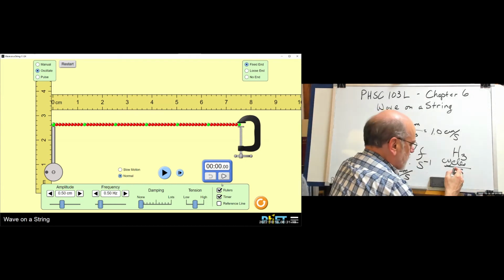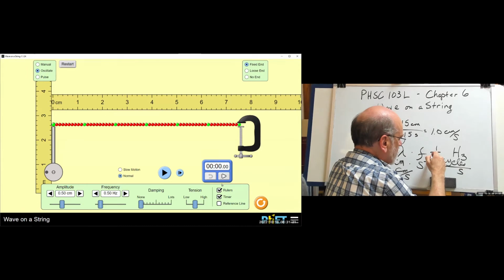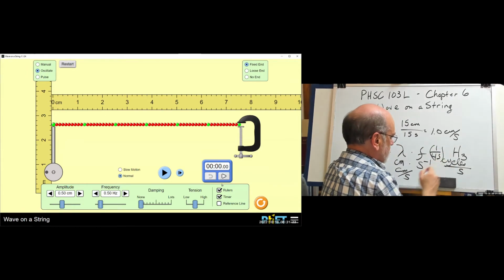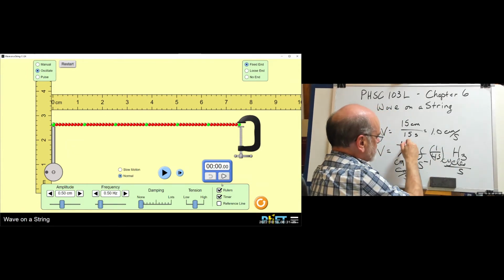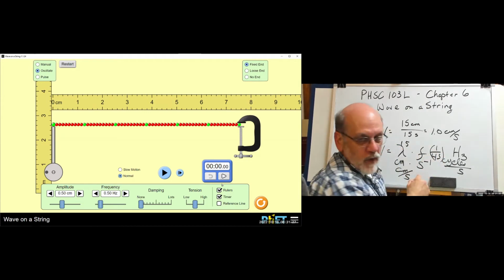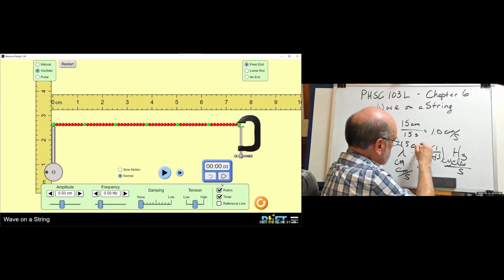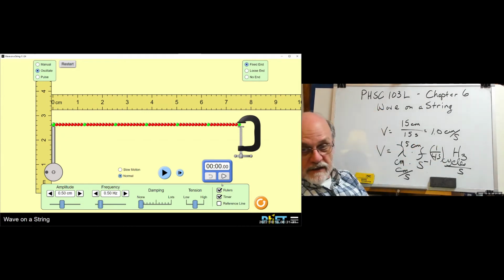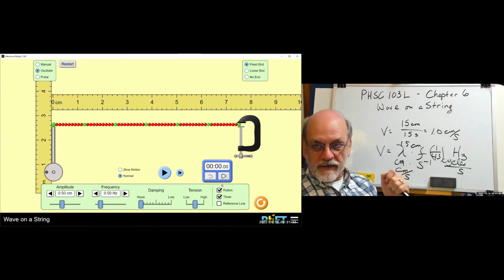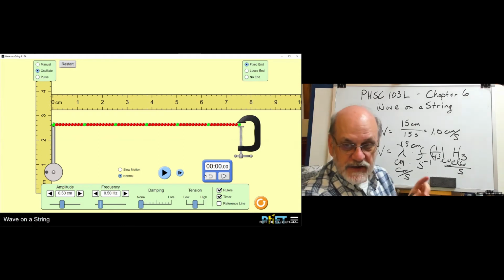This is like saying 1/4 seconds here. All right, and this would be 15. So 15 times 1/4 seconds, 15 centimeters, is 4 into 15. And that gives you your wave velocity, and that is constant.